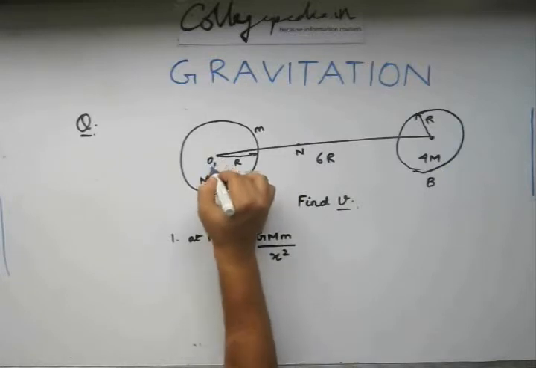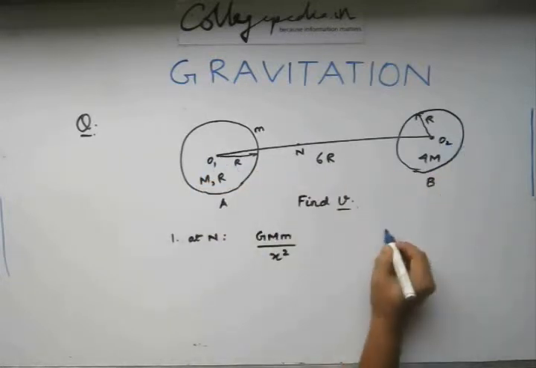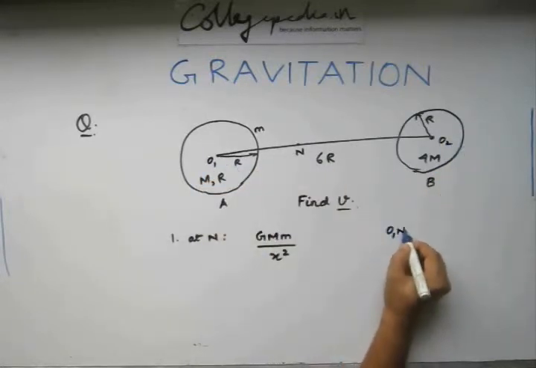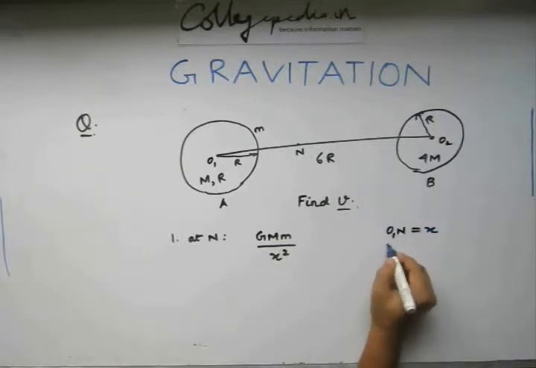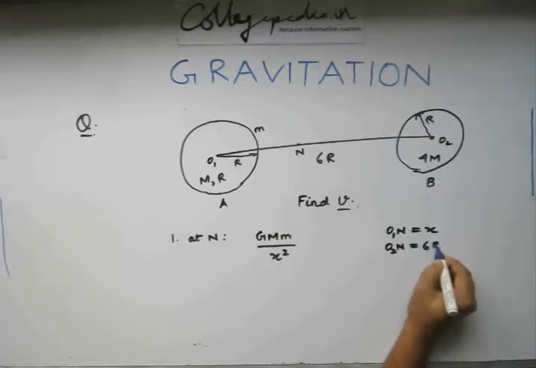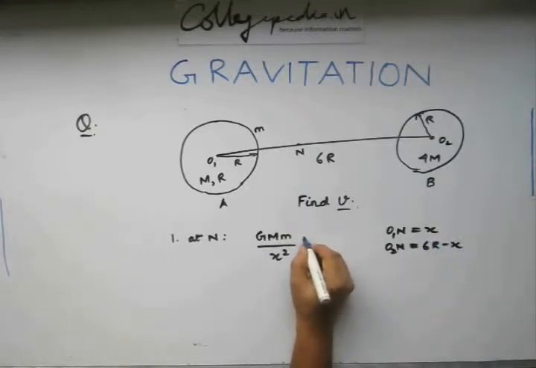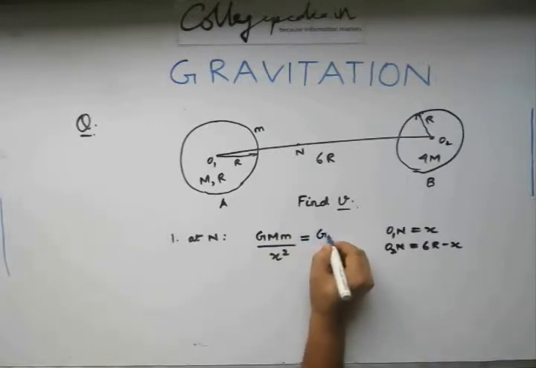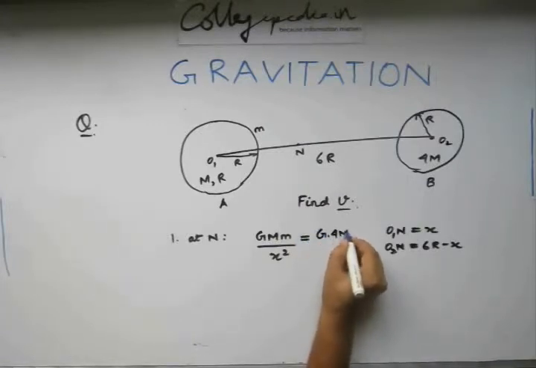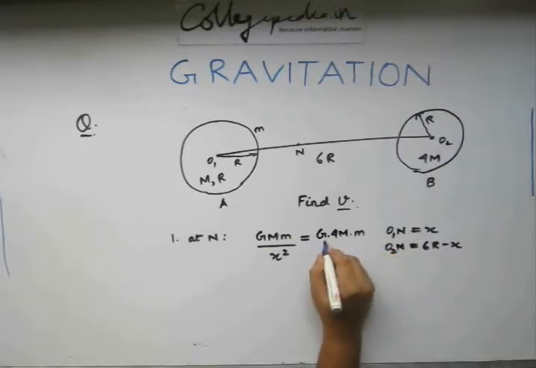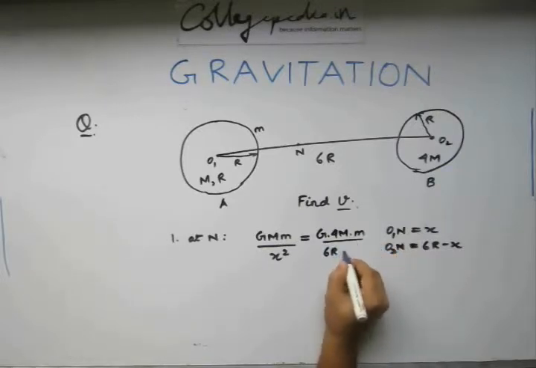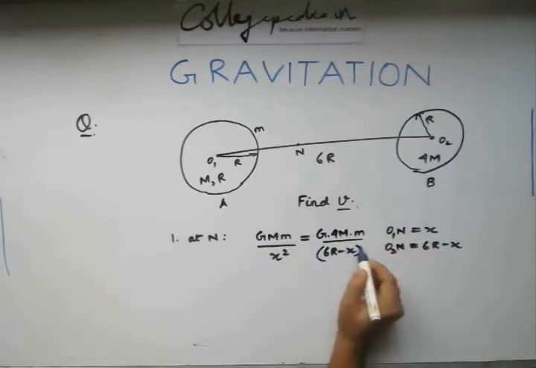Say this is O1, this is O2. So what I'm writing is O1n is equal to x, which implies O2n is equal to 6r minus x. So this quantity will be equal to G into 4m into small m divided by (6r minus x) whole square.